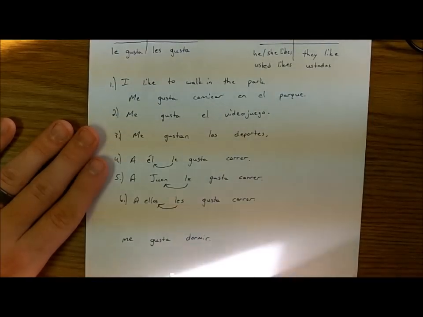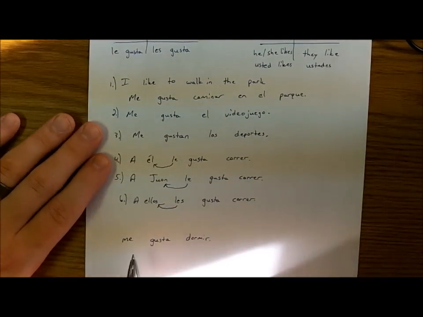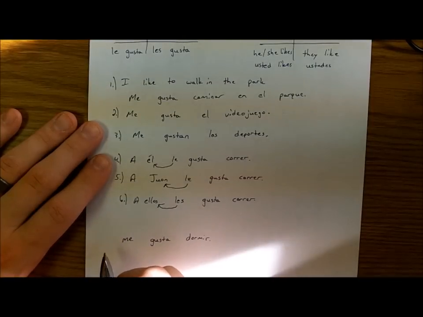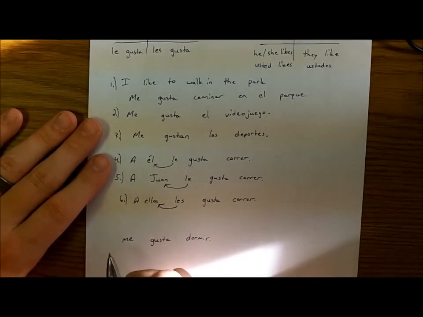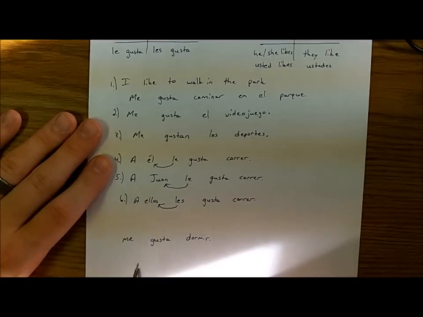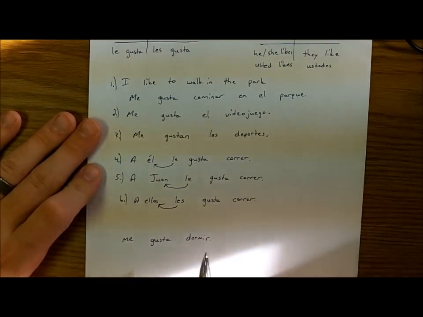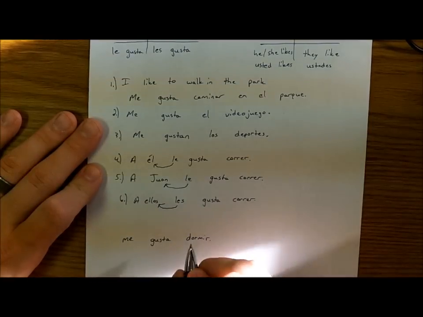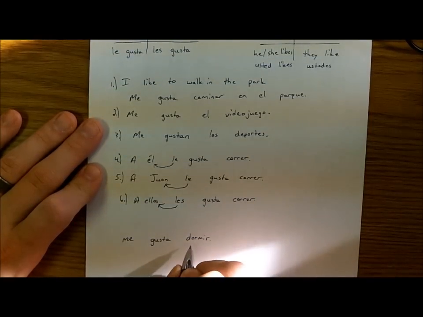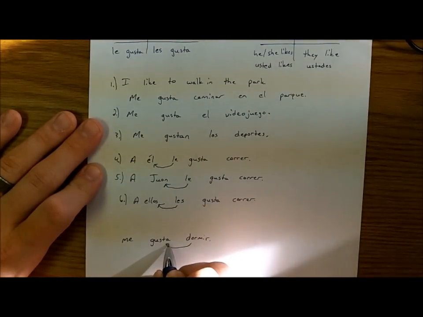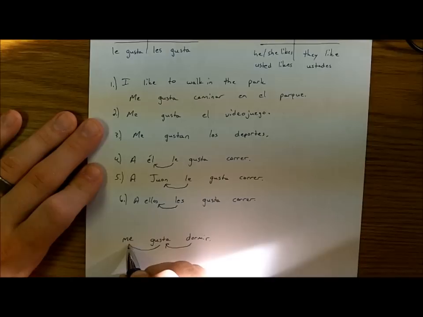The issue is that we know that yo means I. So when we have me gusta dormir, how is this me an I? The answer is it's not. Remember, everything in Spanish is a little bit backwards. So what this is literally saying is sleeping is pleasing to me.